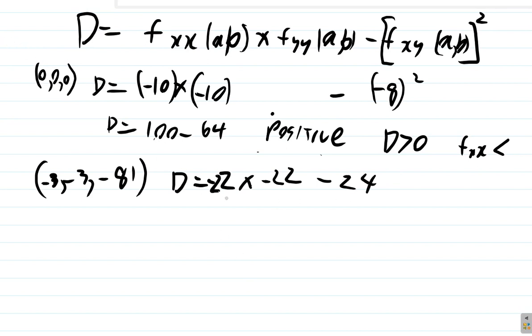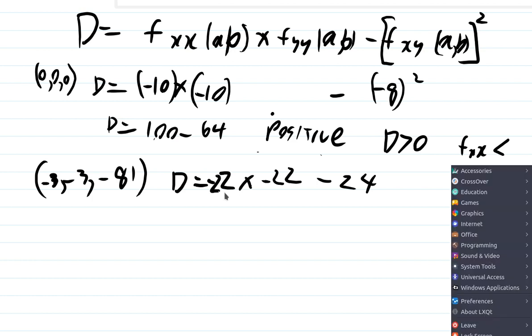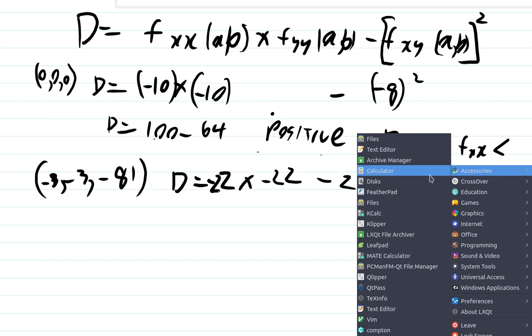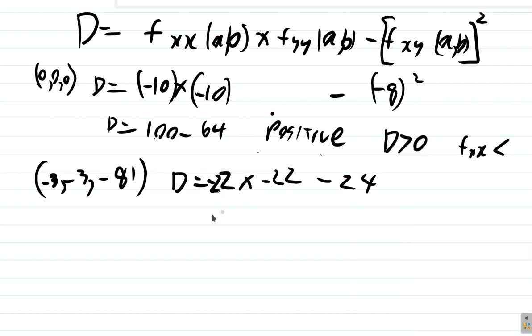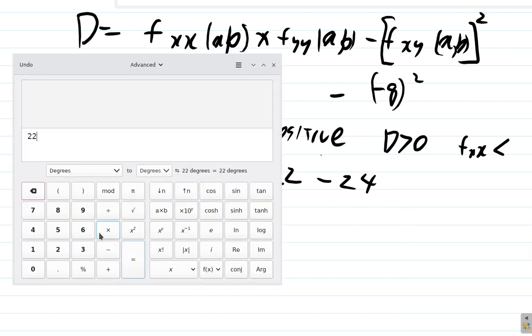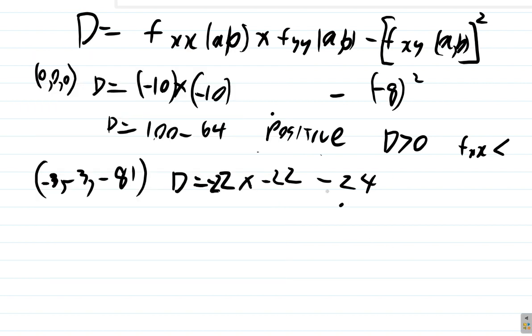So here, know that 22 by 22 equals 484, minus 24.